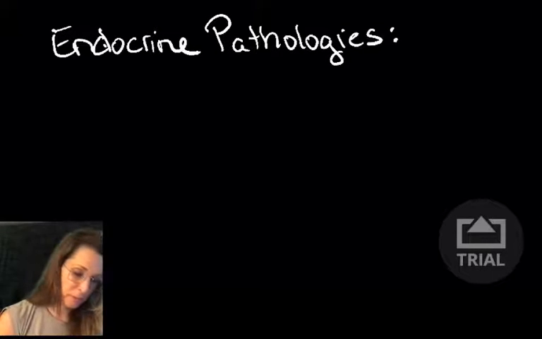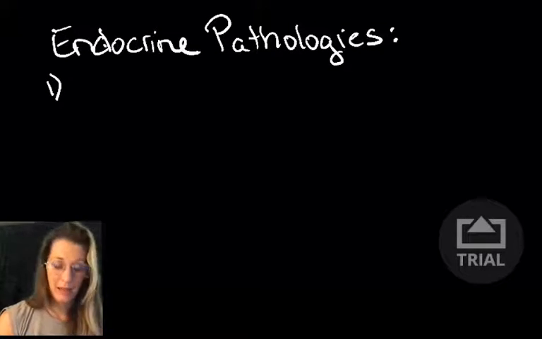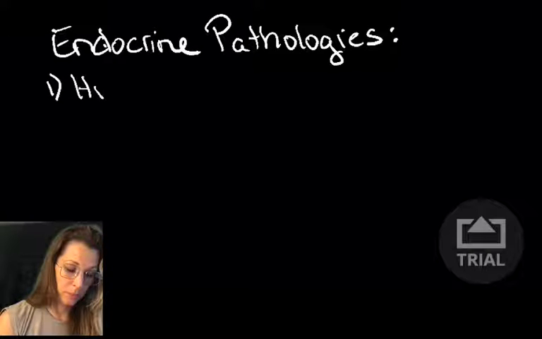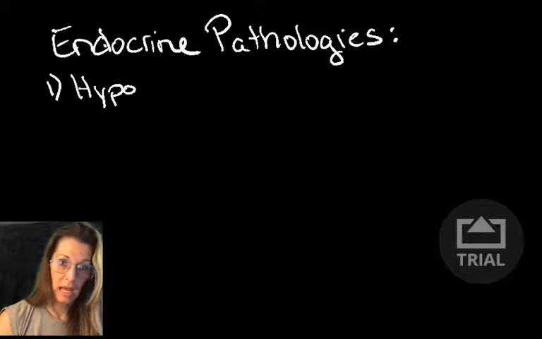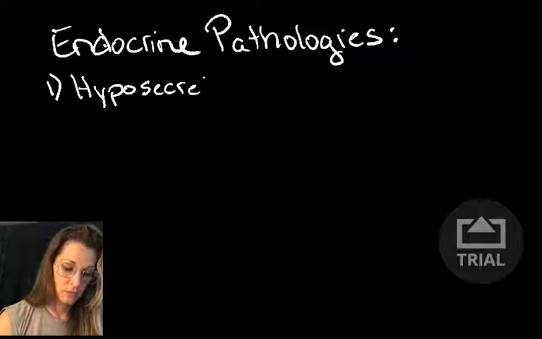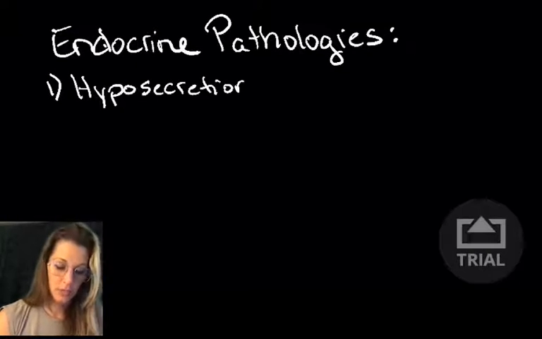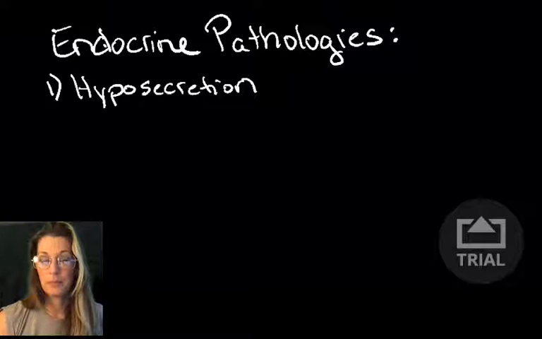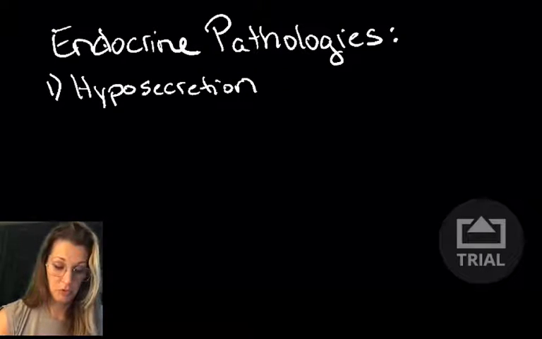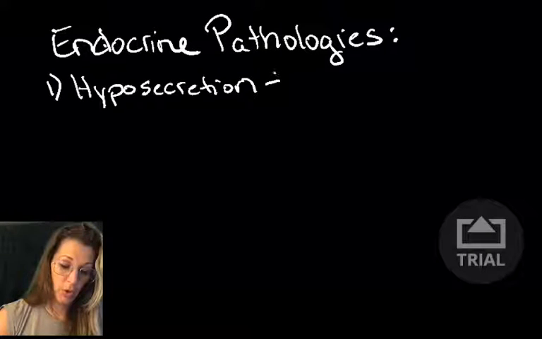These are pretty straightforward. You can have hyposecretion. So when we're talking about hypo in the body, this is hopefully familiar from osmosis and diffusion, or just from things that you're familiar with already. Hyposecretion is too little hormone.